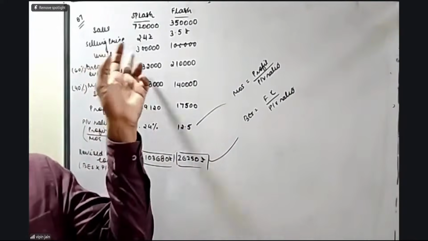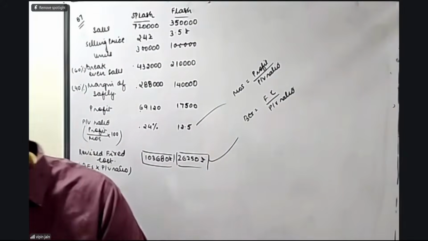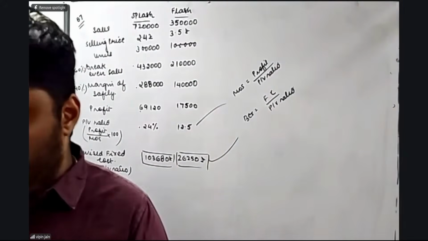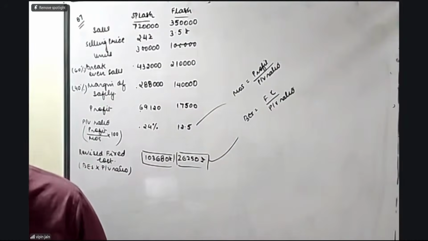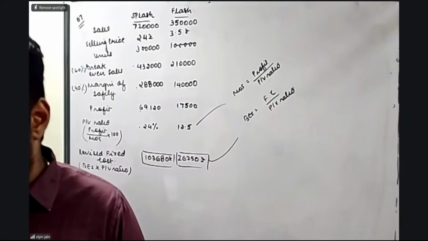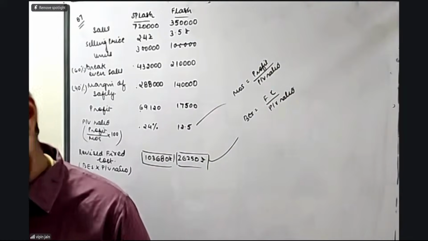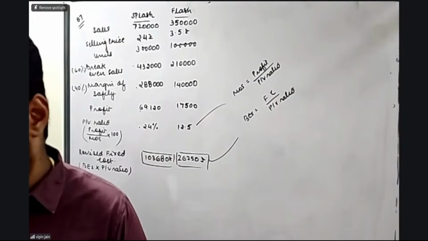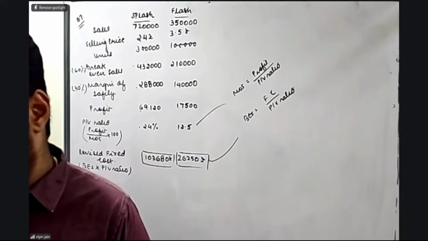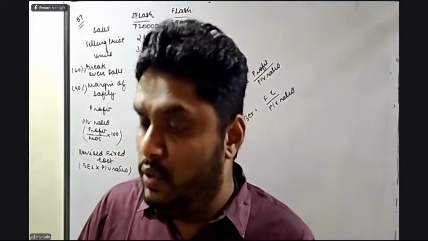These are the total units, 3 lakh, 1 lakh, Suhaira. Yes, anyone else with any doubts or queries?